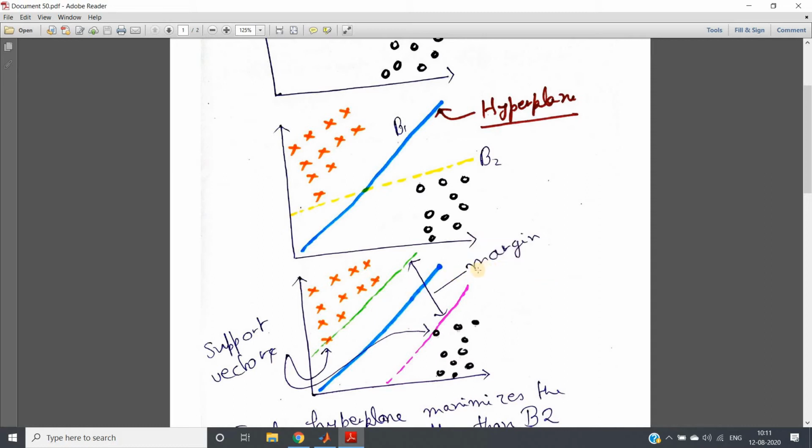You can clearly understand that for this B1 straight line the margin will obviously be more, because these nearest points are at a comparatively larger distance. But if you consider B2 as my hyperplane, the nearest cross point is here, so the distance will be this much from this hyperplane, and for the circle class this particular point is nearest.